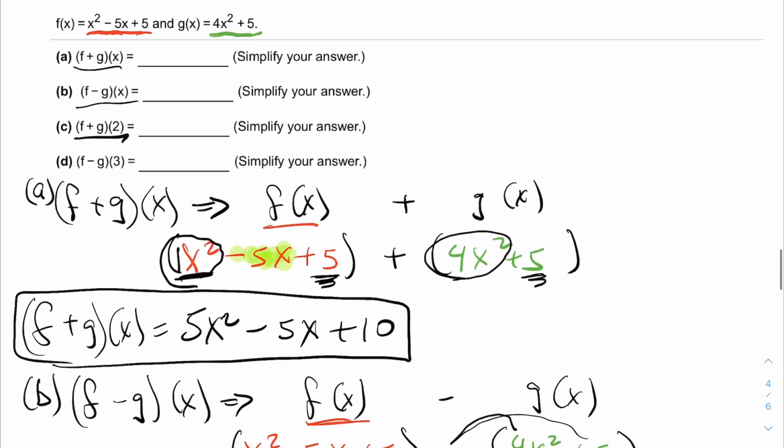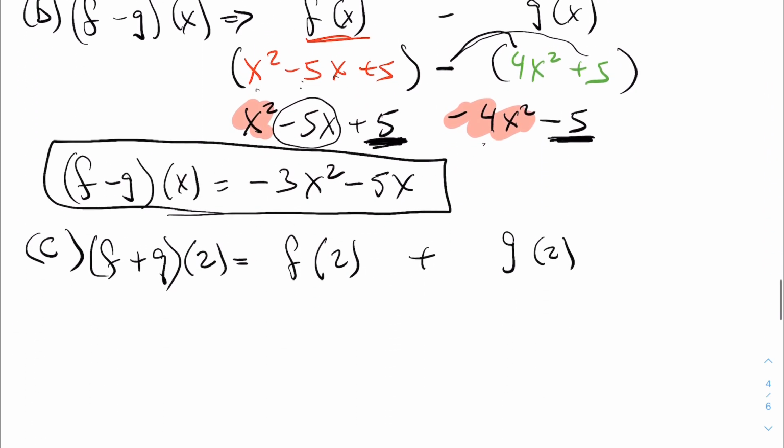You go to your f function and write that down. It would just be x squared minus 5 times x plus 5, and you'd put 2 in there, and you'd simplify. But notice all the work you're doing.